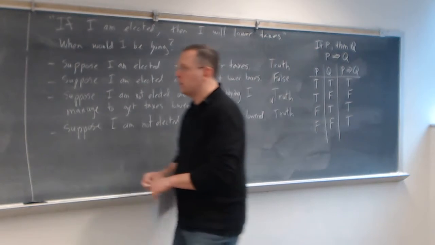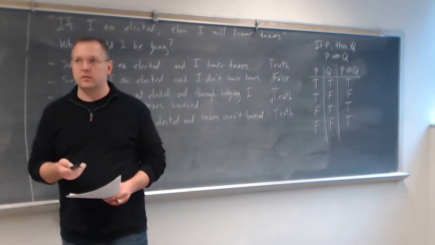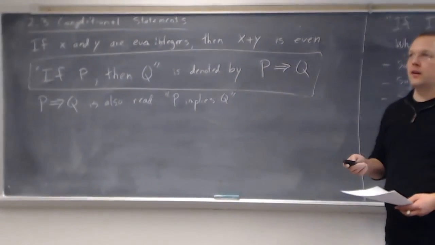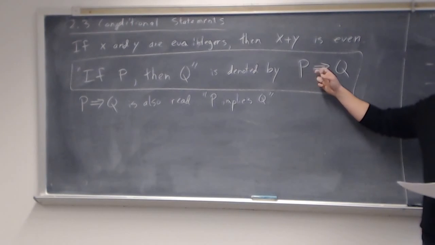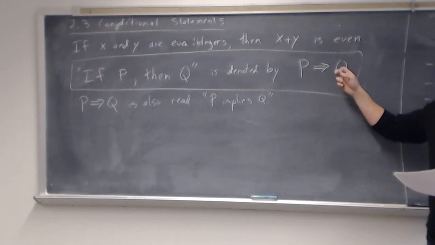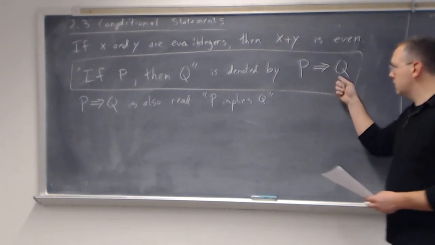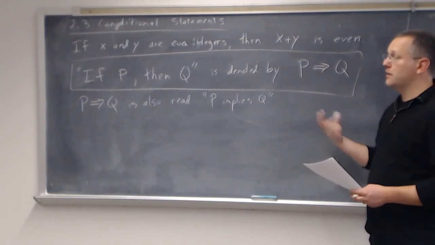There are some alternate wordings. If P then Q is by far the most common conditional statement, but you use this when you're writing proofs. You use this symbol a lot. P implies Q. You have a sentence and you just say that implies the next sentence, and you can write a paragraph-long proof, and you use this symbol a lot.